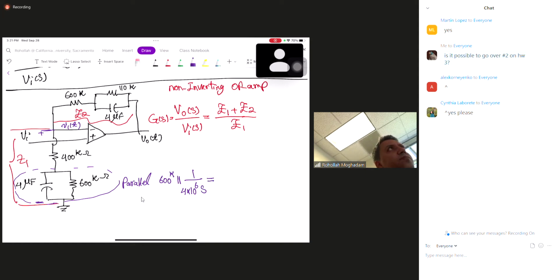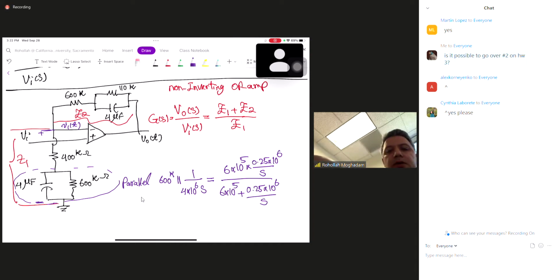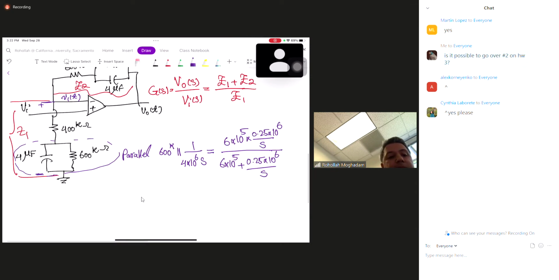So that becomes 6 times 10 to the 5 times 0.25 times 10 to the 6 over s, over 6 times 10 to the 5 plus 0.25 times 10 to the 6 over s. Okay? So this is what we have as the parallel.